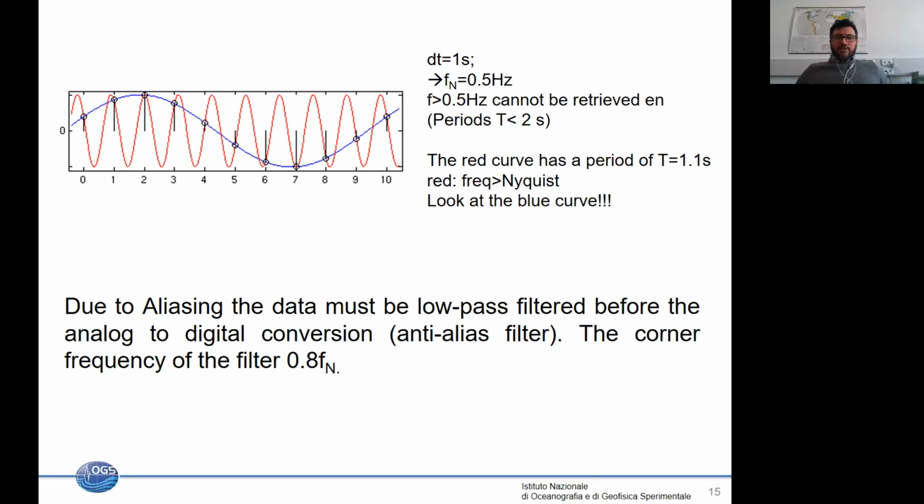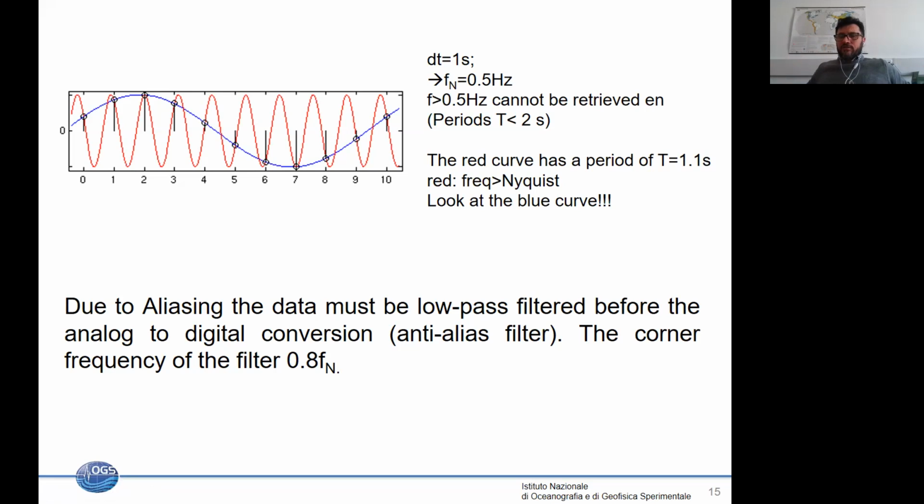Generally our instruments record the shaking and then they digitize the signal. But if my original shaking has a lot of high frequency and my sampling rate is too low, I would generate a fake in the digital signal.